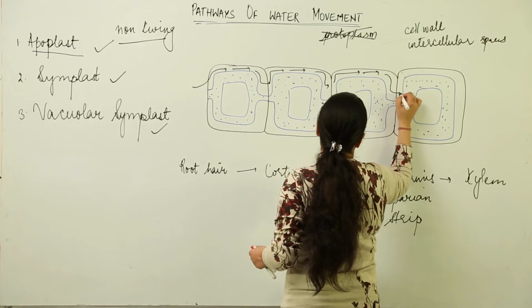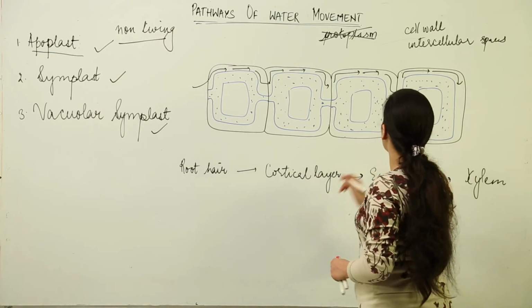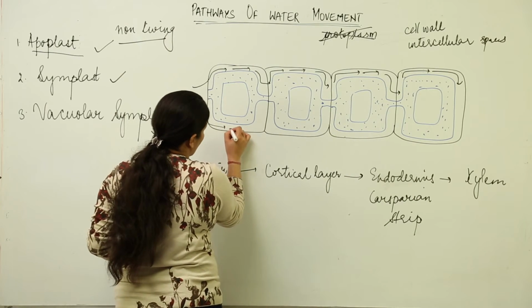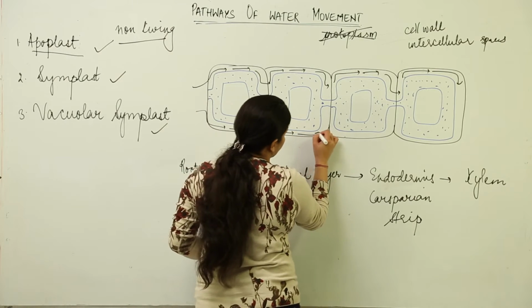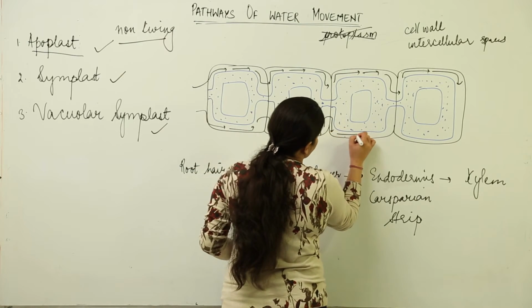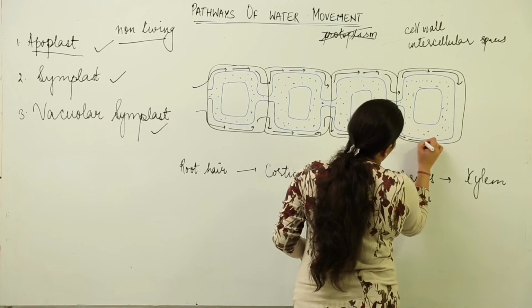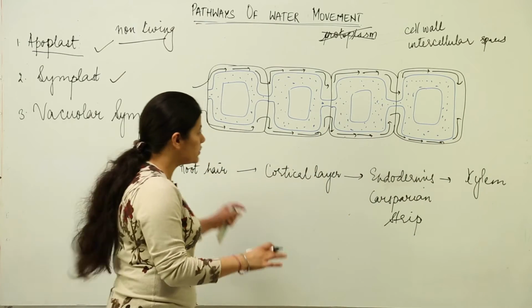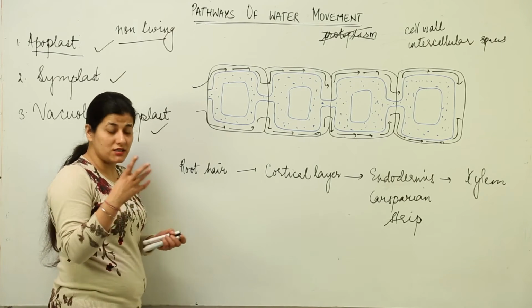That means it is not going to interact with the protoplasm, and this is the fastest possible passage offered to water through the anatomy of the root so that it enters xylem. This is to be kept in mind. Apoplastic pathway does not involve any living region, so it gives minimum restraint to the movement of water. That means apoplast is the fastest one.